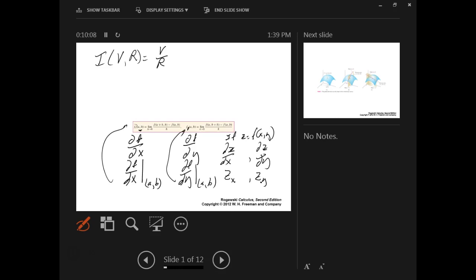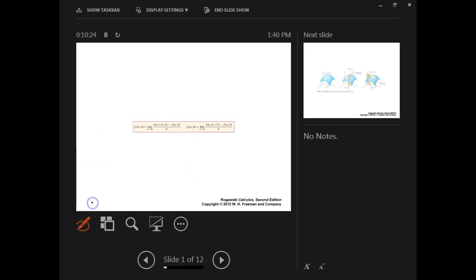This is example 1. I'm pretty sure we don't have a figure for it. So let's do it here. Compute the partial derivatives of this, f of x, y equal to x squared y to the 5th.